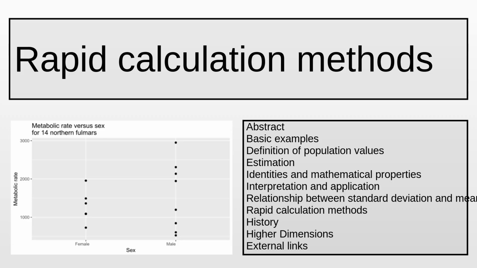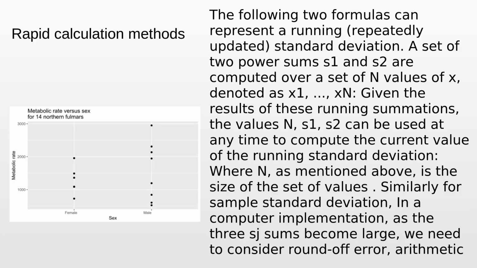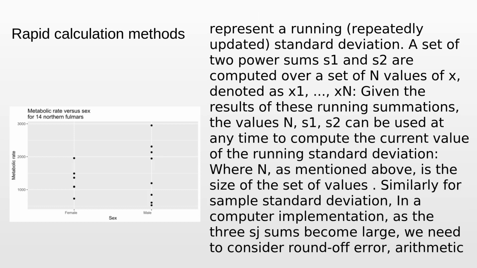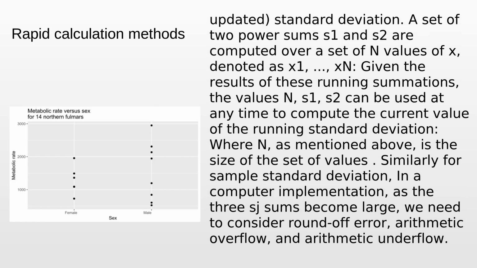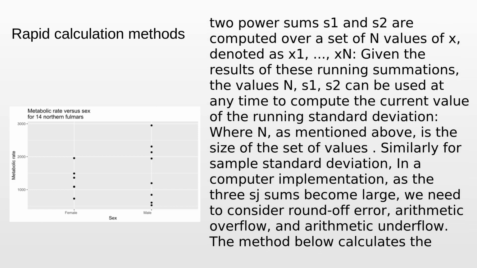Rapid calculation methods. The following two formulas can represent a running, repeatedly updated, standard deviation. A set of two power sums S1 and S2 are computed over a set of n values of x, denoted as x1, ..., xn.